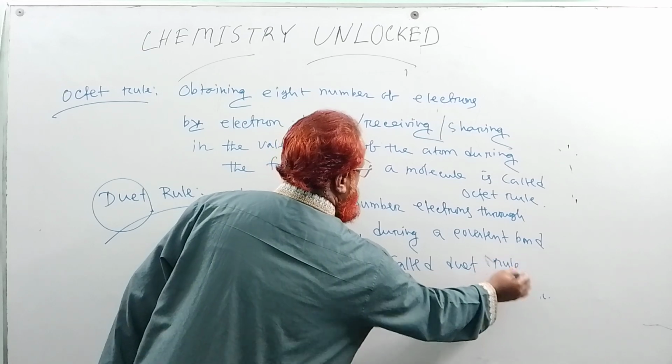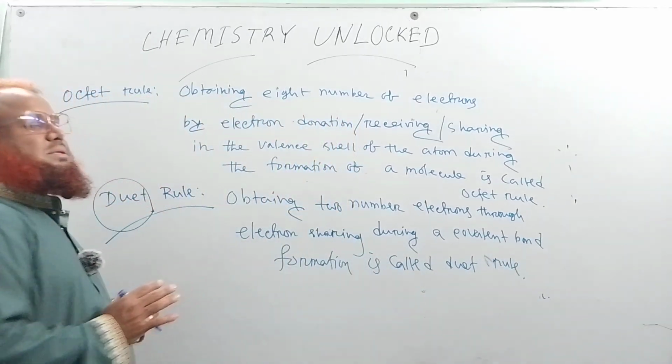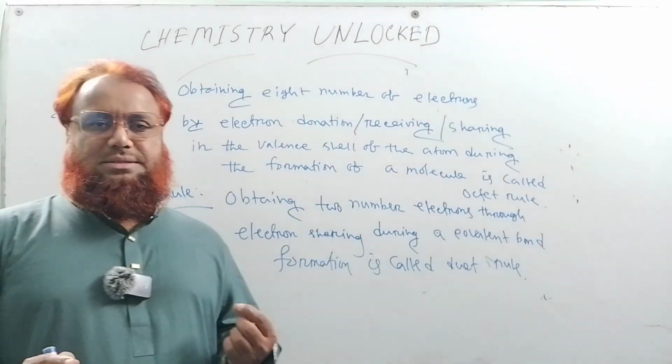So duet rule indicates obtaining two number of electrons.